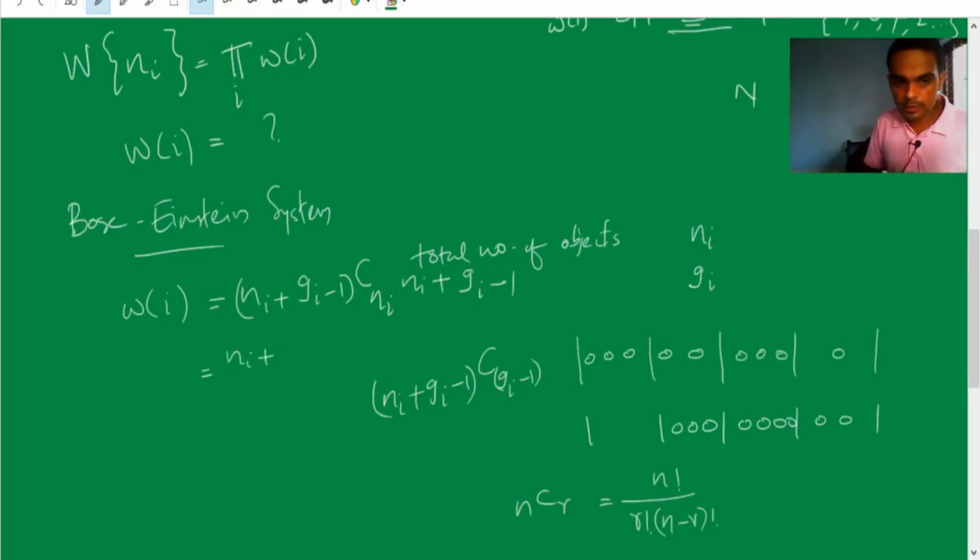Ni plus Gi minus 1 factorial whole divided by Ni factorial, then Ni plus Gi minus 1 minus Ni factorial.